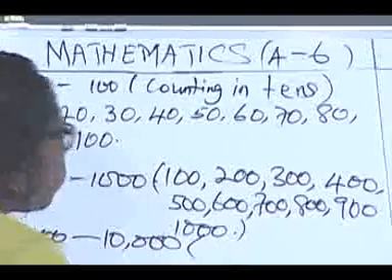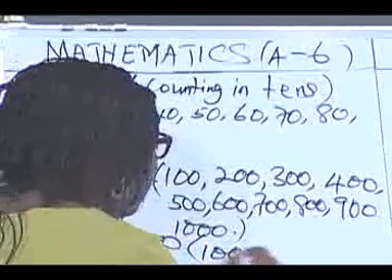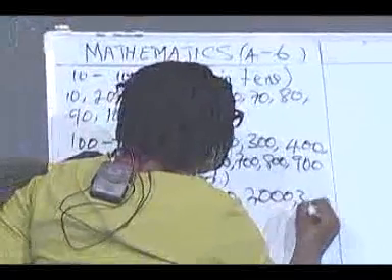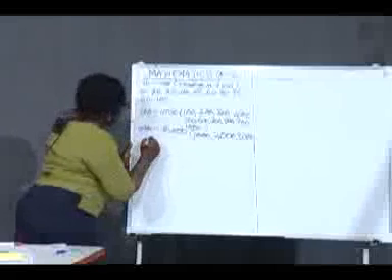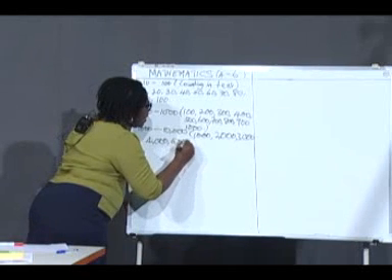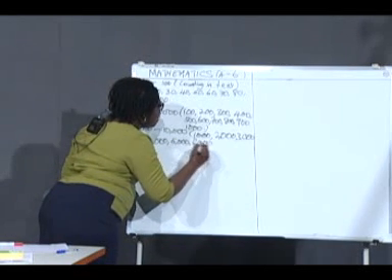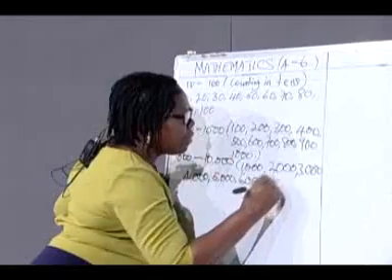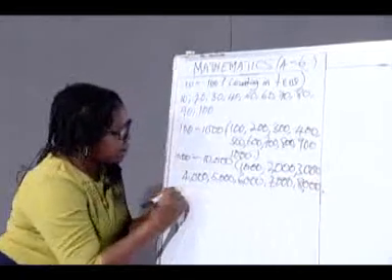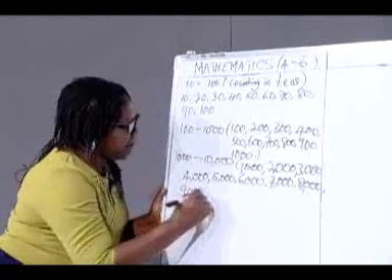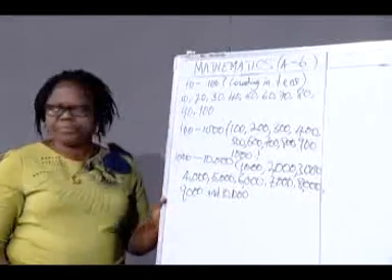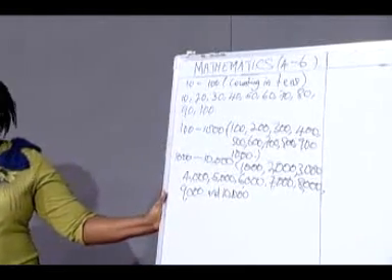We start from 1,000, 2,000, 3,000, 4,000, 5,000, 6,000, 7,000, 8,000, 9,000, and 10,000. Good.